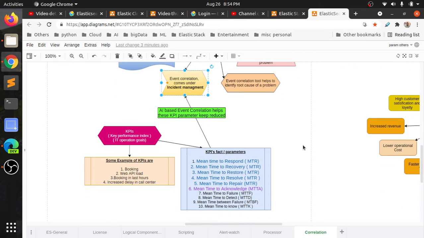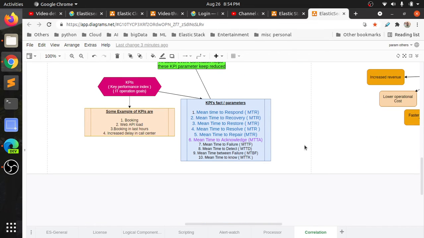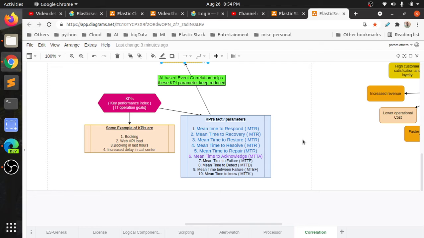So in incident management, on what basis does the correlation occur? That is defined by the KPI. KPI means key performance indicator. Here there are several values to be identified from the large volume of data, around 10 metrics or 10 values, identified on those event data.